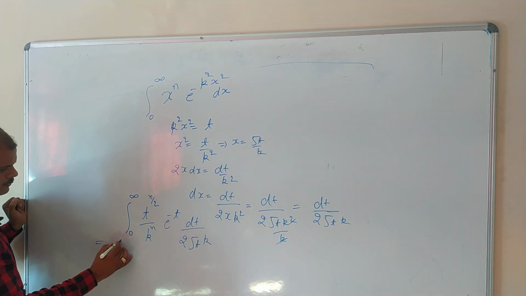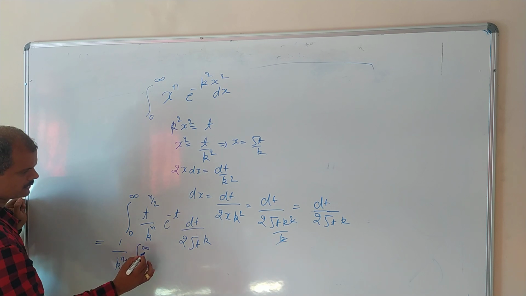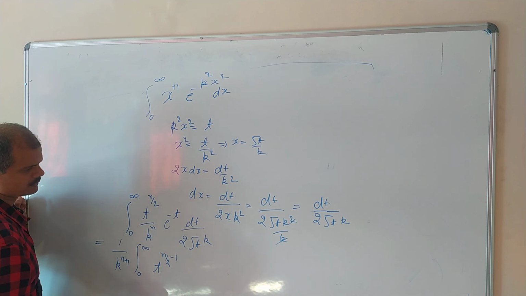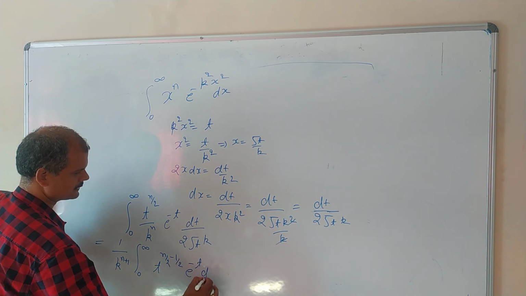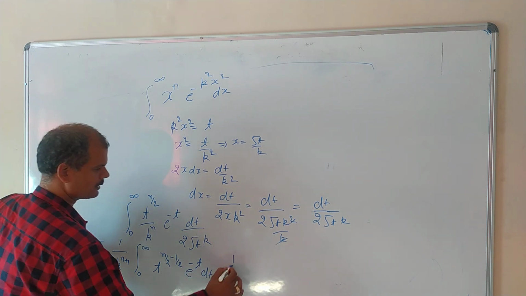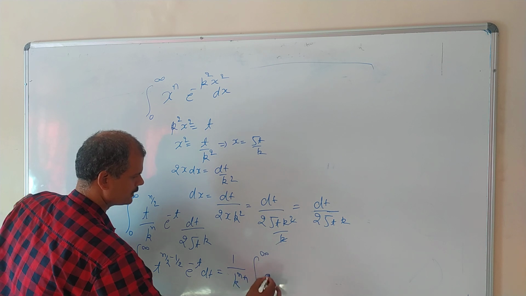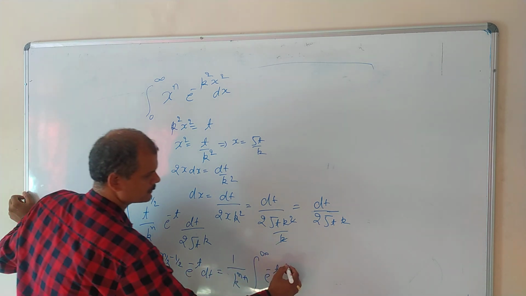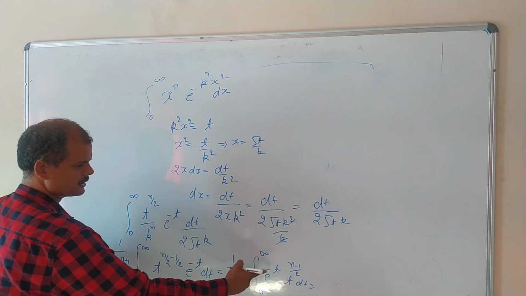So this will be 1 upon k power n plus 1, 0 to infinity, and t power n by 2 minus 1 by 2, and e power minus t dt. So this will be 1 upon k power n plus 1 and 0 to infinity e power minus t and t power n minus 1 by 2 dt. So this is the gamma function.